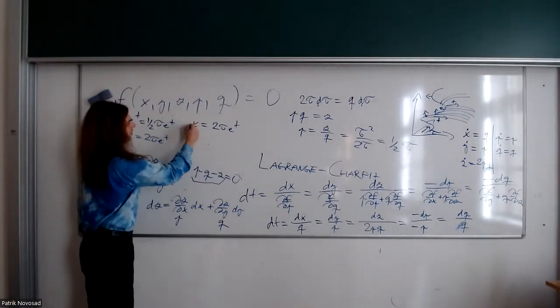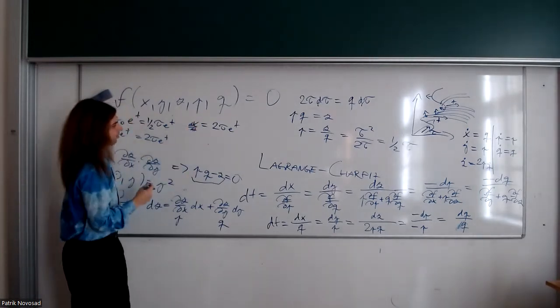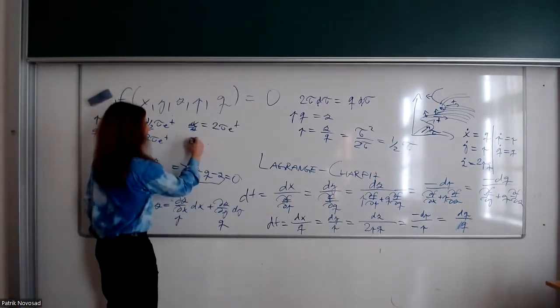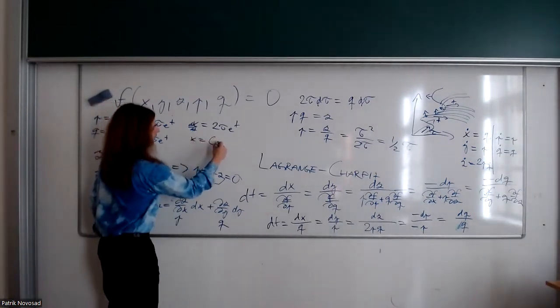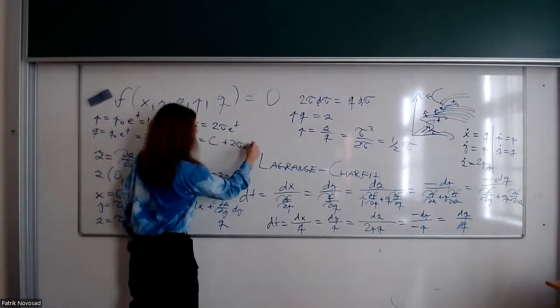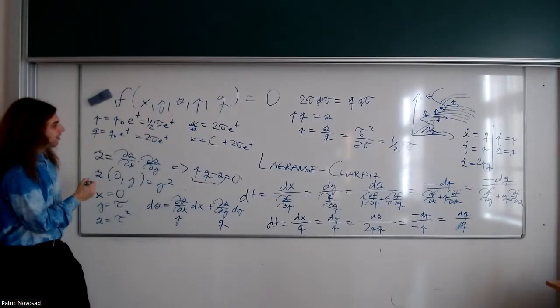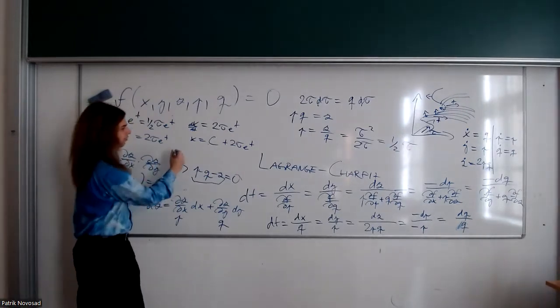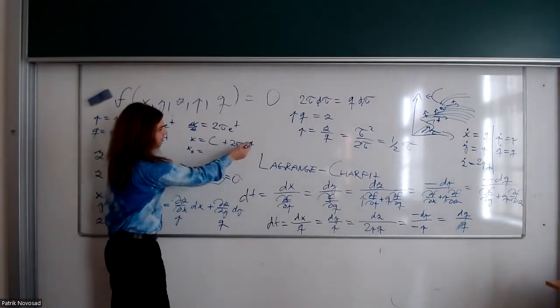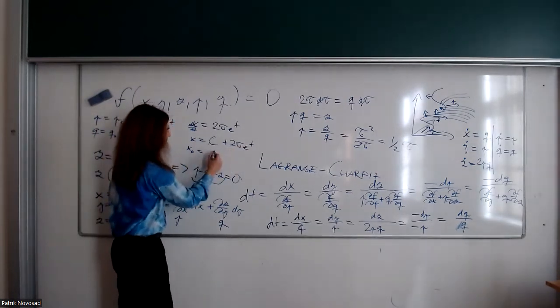And this is just dx over dt. So by integrating, we just get x equals some kind of constant plus 2 tau e to the power of t. And of course, if we plug in the initial condition at t equals 0, we have.